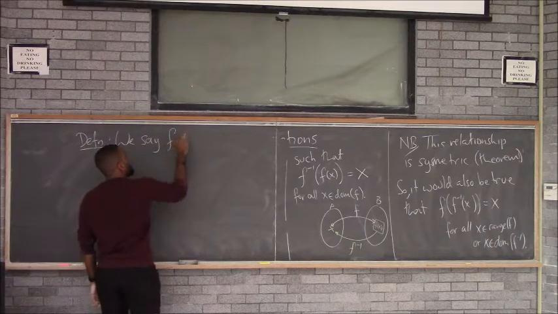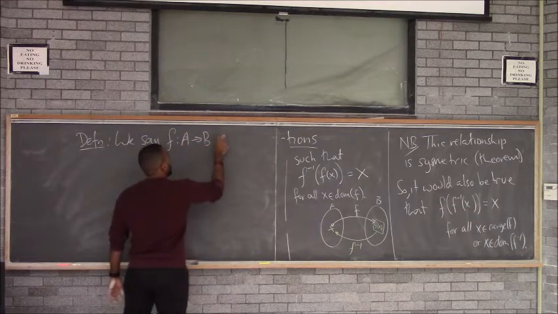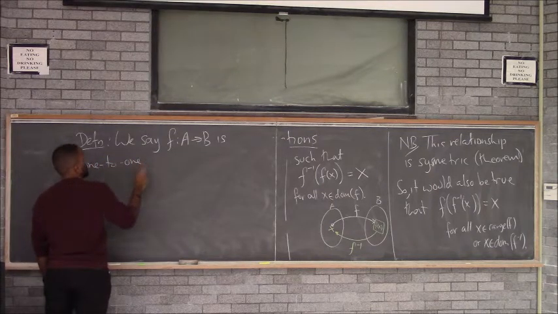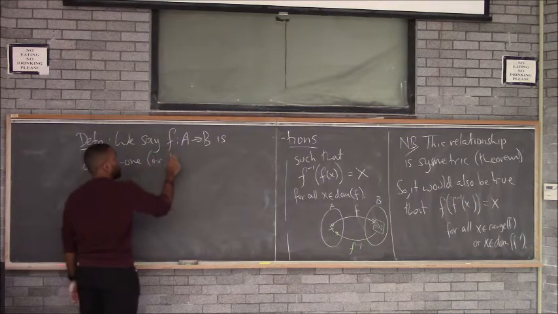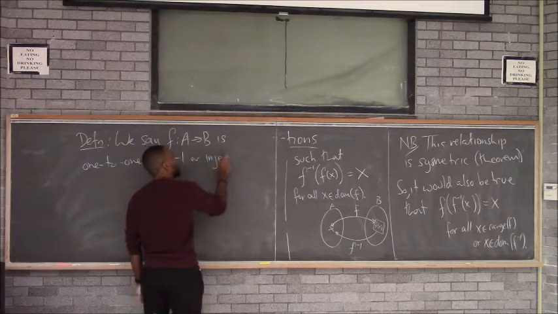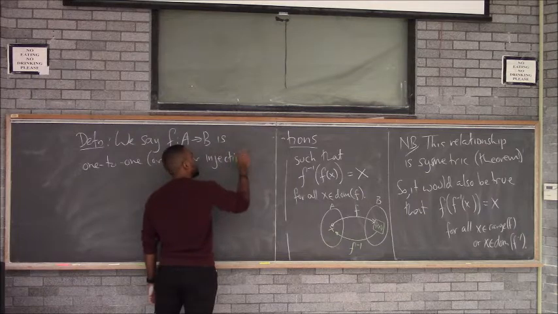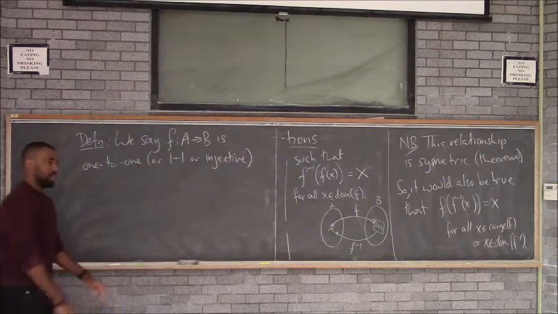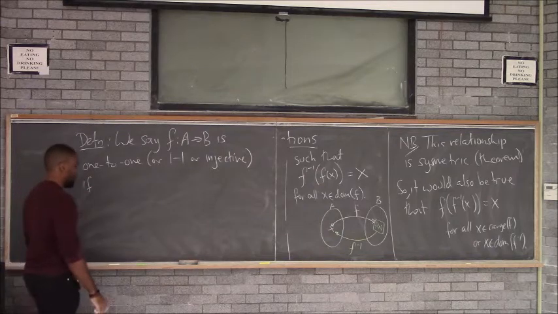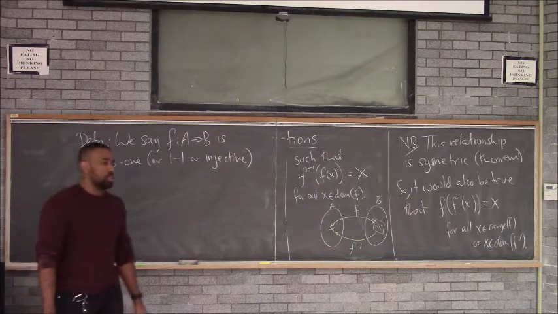We say f from A to B is one-to-one, or I write 1-1, or one word for it is injective, if you want to sound all fancy, if distinct inputs give you distinct outputs.